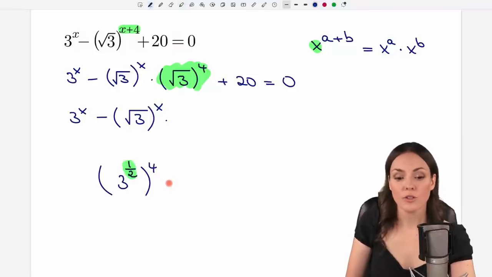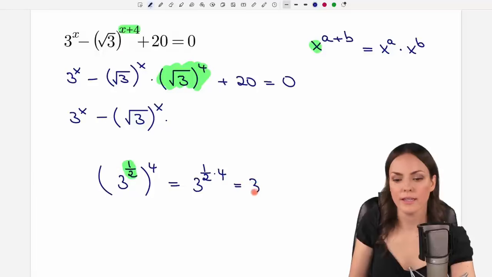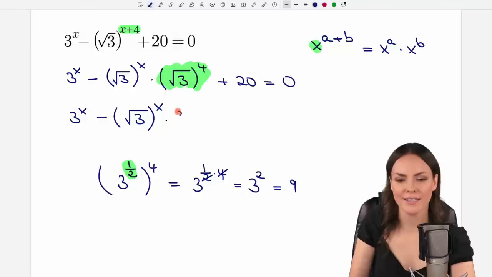Because now we can just apply the rule how to simplify this. We just keep the base, the 3, and multiply the exponents. So we have 1 over 2 multiplied by 4. And if we calculate this, we have 4 over 2, which equals 2. So we have 3 to the power of 2, which equals 9. So this is the result for this expression here.